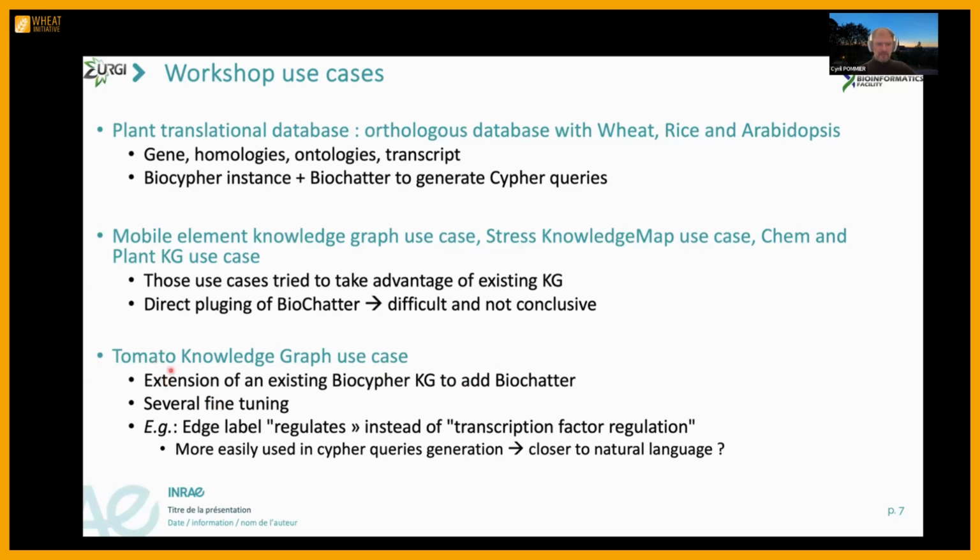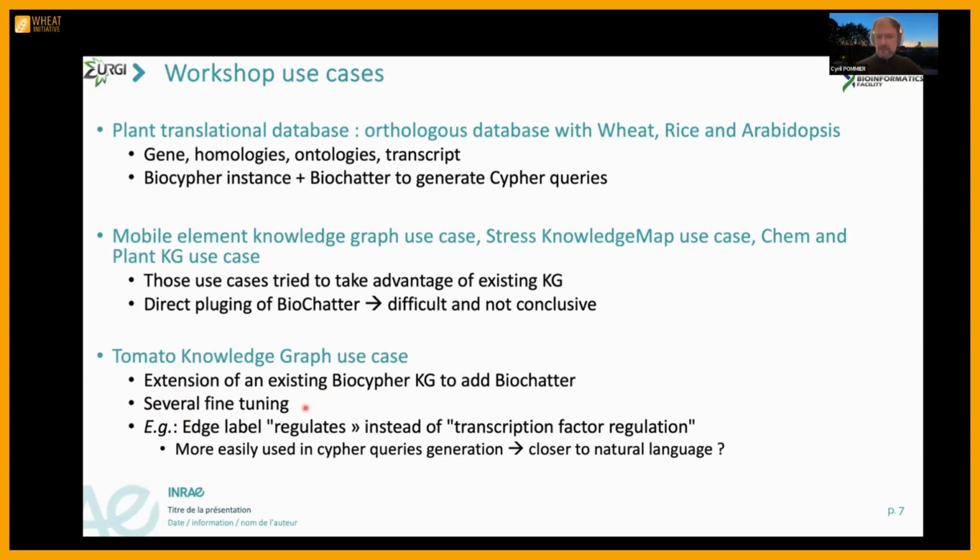Finally, there was the tomato knowledge graph use case, which was the extension of an existing BioCipher knowledge graph to add BioChatter on top of it. So that was rather straightforward. He experienced several fine-tunings.